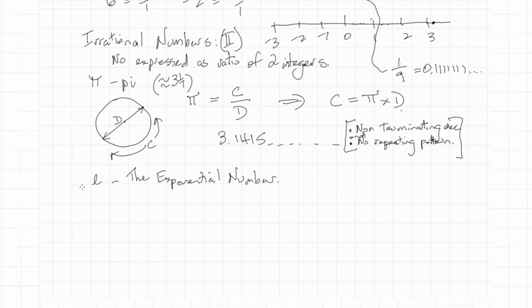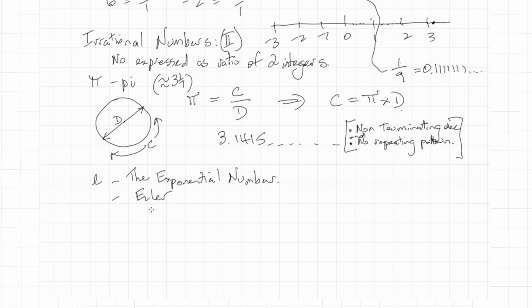It was given the name e after Euler, who was a famous mathematician, and e is something that has been able to fit quite well when we're trying to describe natural growth or natural decay.